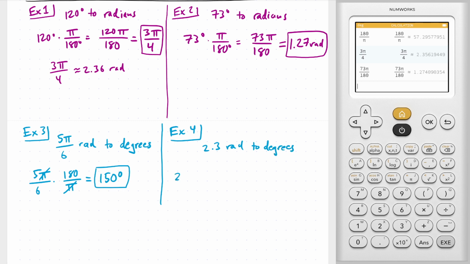And so we take 2.3 times 180 over pi. And we'll just plug that in the calculator. 2.3 times 180 divided by pi. And I get 131.78 degrees.